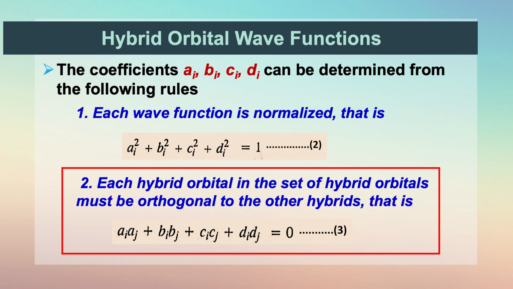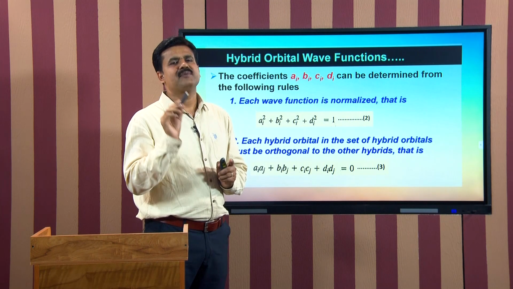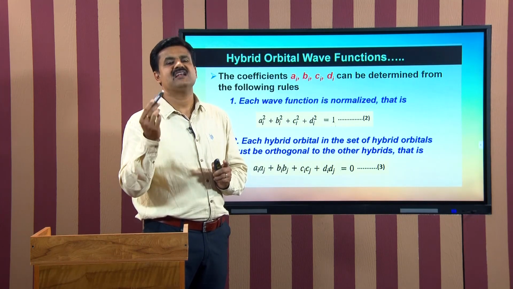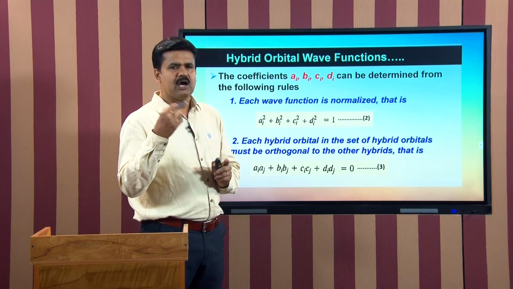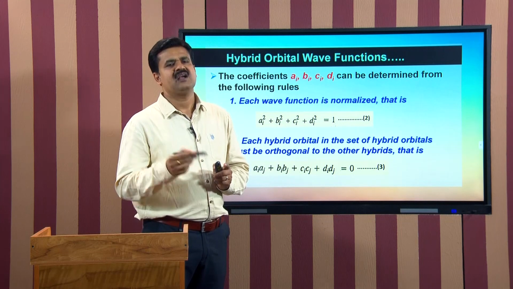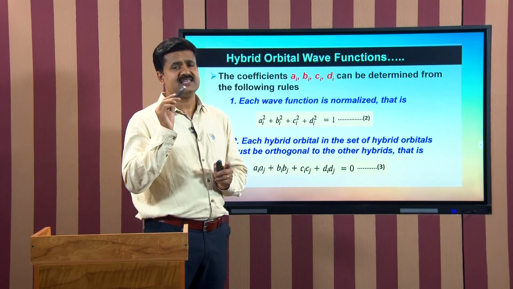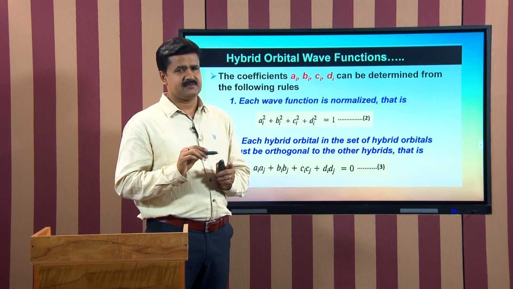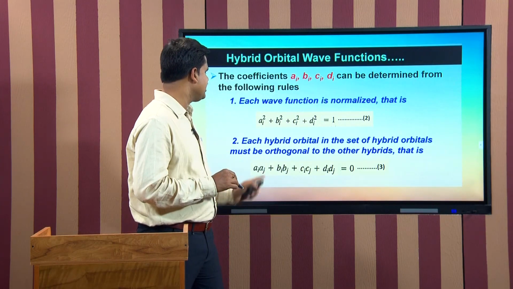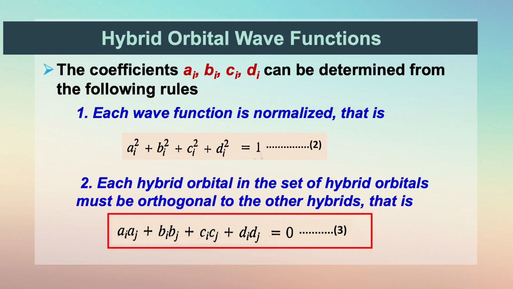That is, the first hybrid orbital is orthogonal to the second hybrid orbital and so on. Taking two hybrid orbitals psi_i and psi_j, as a result of their orthogonal nature we arrive at this conclusion: a_i a_j plus b_i b_j plus c_i c_j plus d_i d_j equals 0.